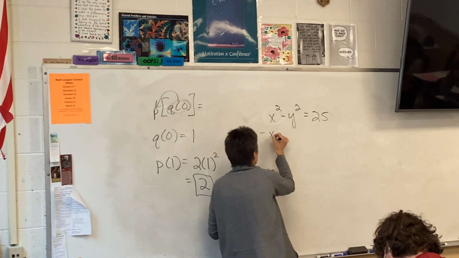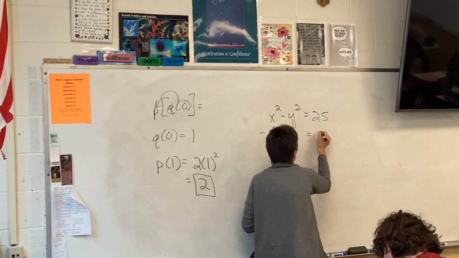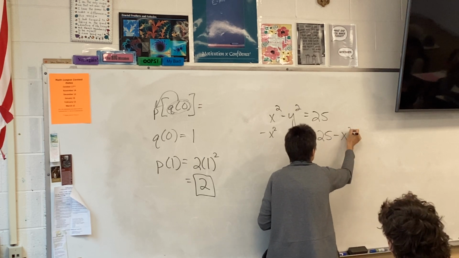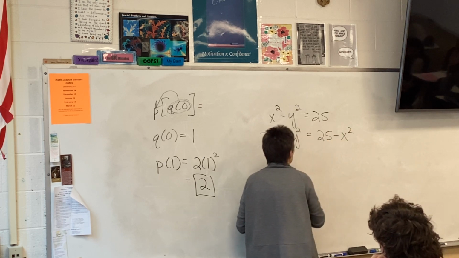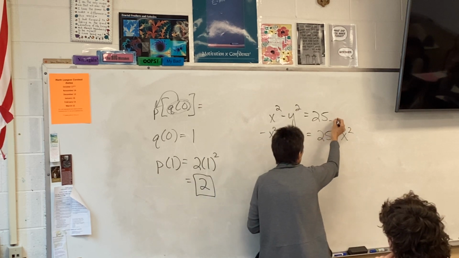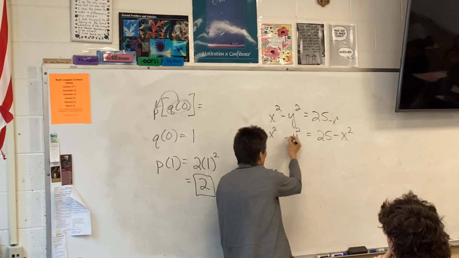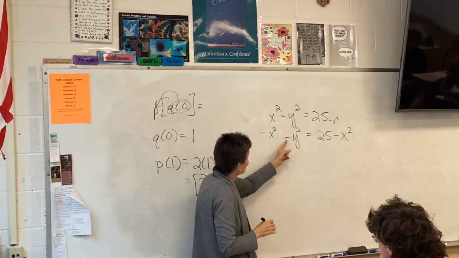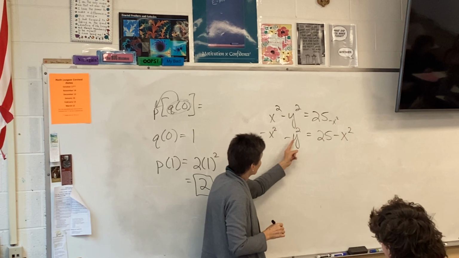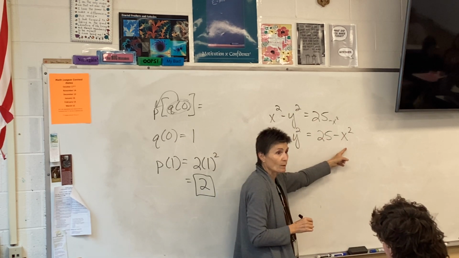So maybe I'll subtract x squared. Would everybody agree with that? Negative y squared then equal to 25 minus x squared?